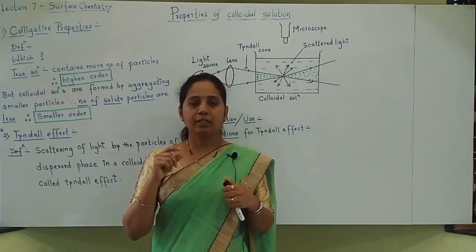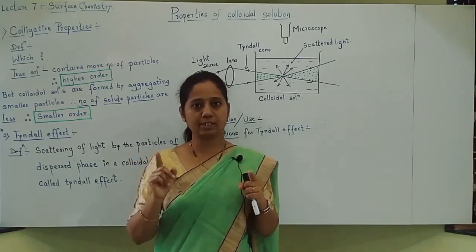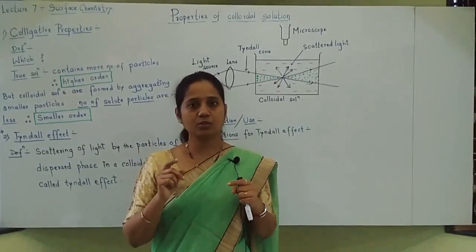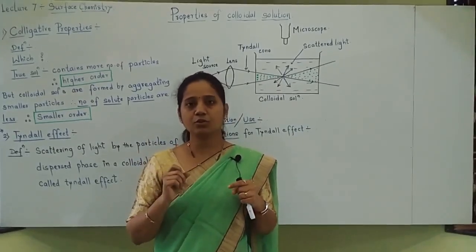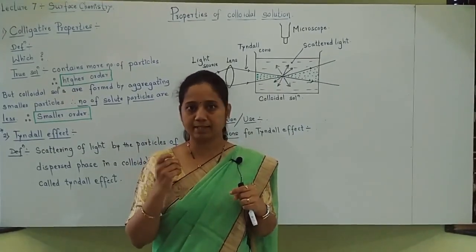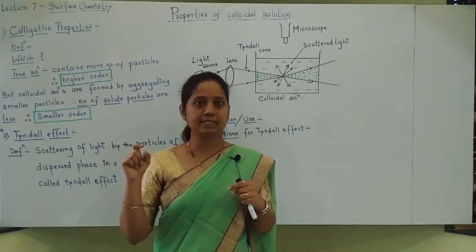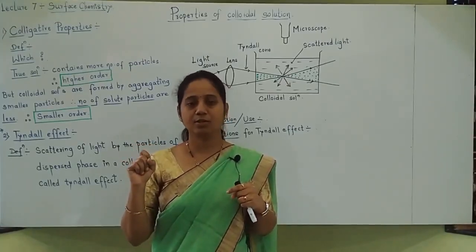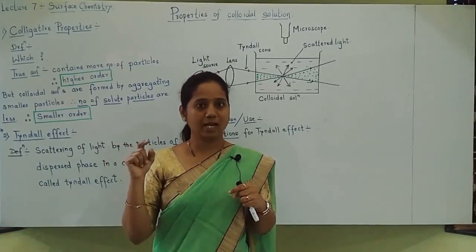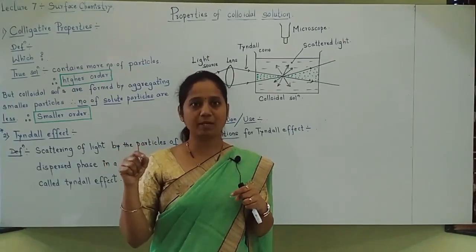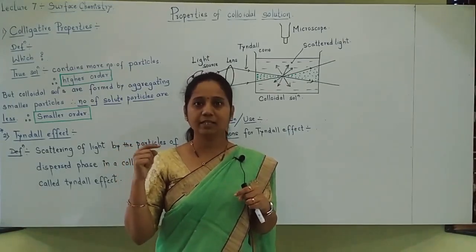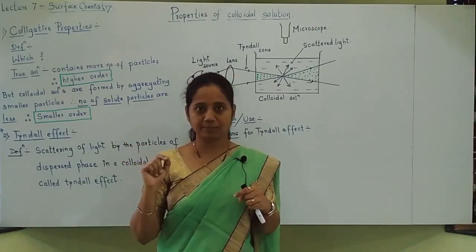If we compare true solutions and colloidal solutions, you know very well that true solutions have more number of particles because the size of particles is smaller in true solutions. So colligative properties will be of higher order in true solutions.